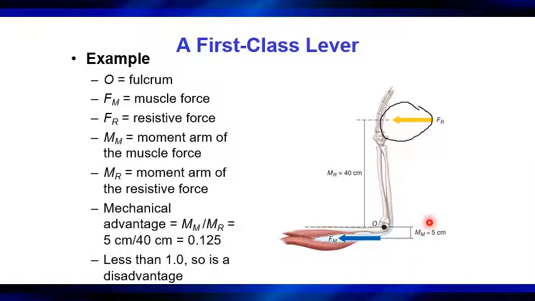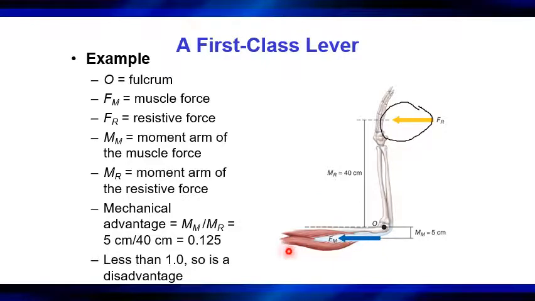So even though it's a first class lever, remember with a first class lever, it could be that you have a mechanical advantage of greater than 1. You could have one that's less than 1, or you can actually have one where it is 1. And typically first-class levers, when they're 1, look to create balance, okay? So you'll either have a lever that favors force, a lever that favors resistance, or one that favors balance with a first-class lever.